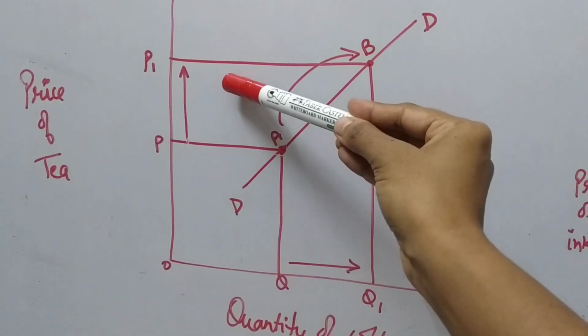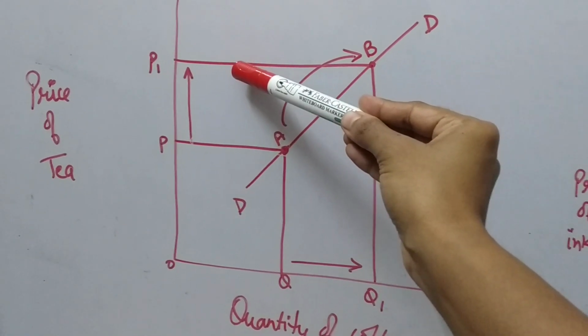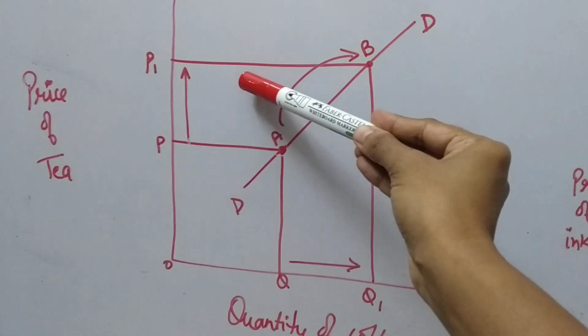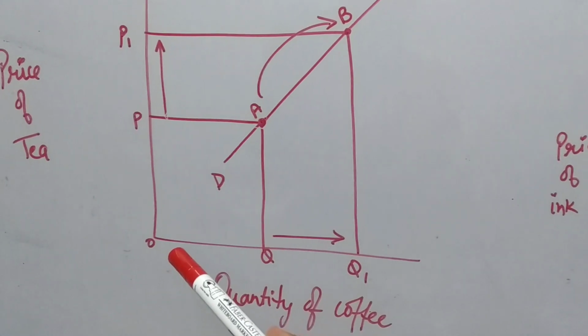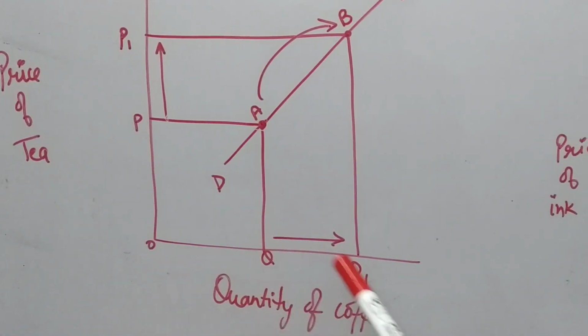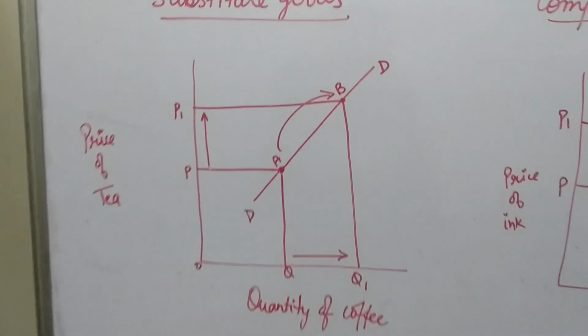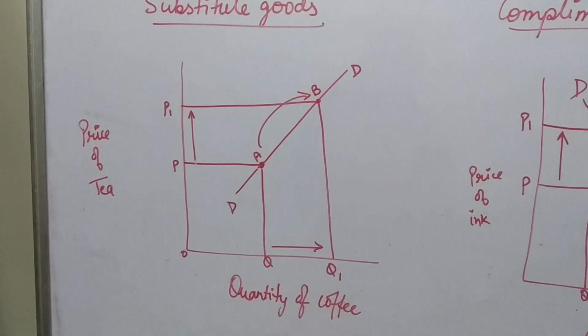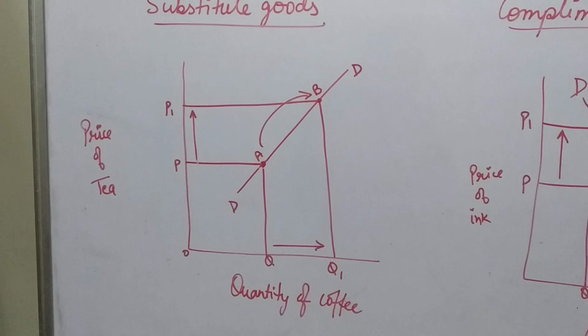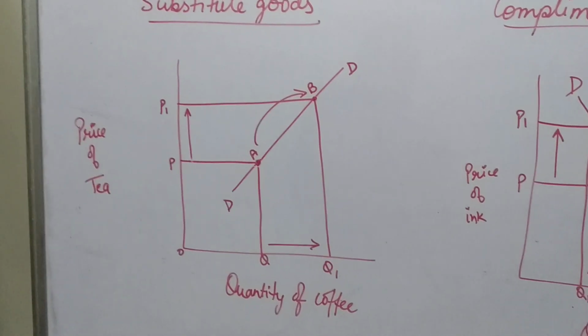So the consumer will reduce the consumption of tea and shift his consumption from tea to coffee. He will increase his consumption of coffee from OQ to OQ1. So these are substitute goods. Substitute goods are those goods which can be used in place of each other. If tea is costly, the consumer will consume more coffee.